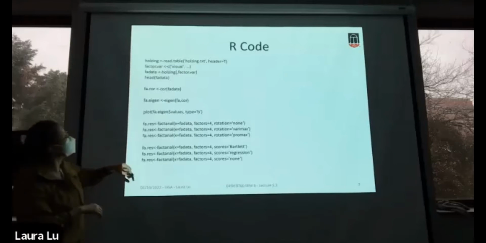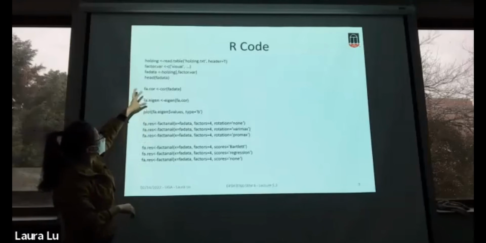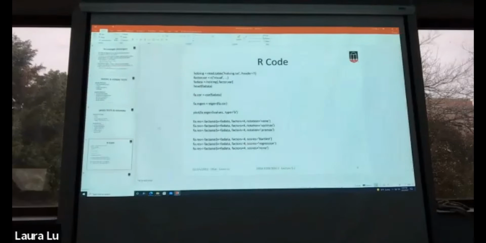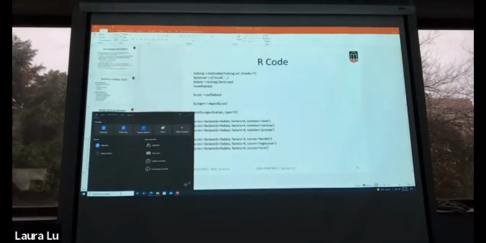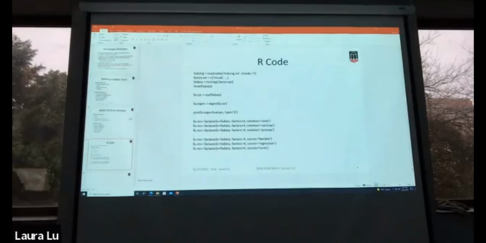So we tried to explain part of the code. I think we have already explained it. So let's just go to RStudio, and then you have your data file ready.